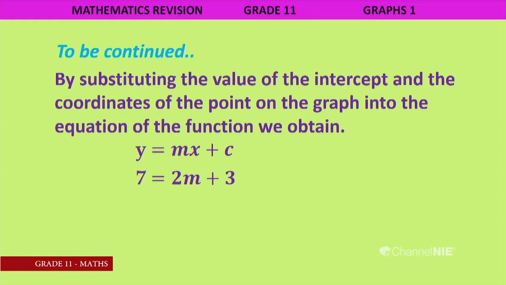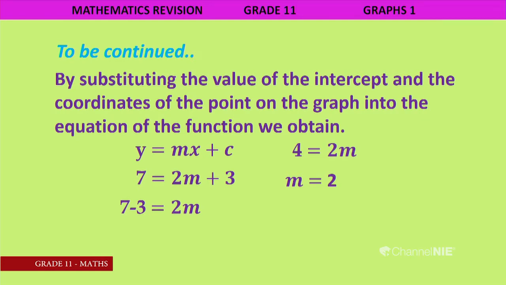Now this is a simple equation. Subtracting 3 from both sides, you have 7 minus 3, here 2m. Divide both sides by 2, then you have gradient as 2.